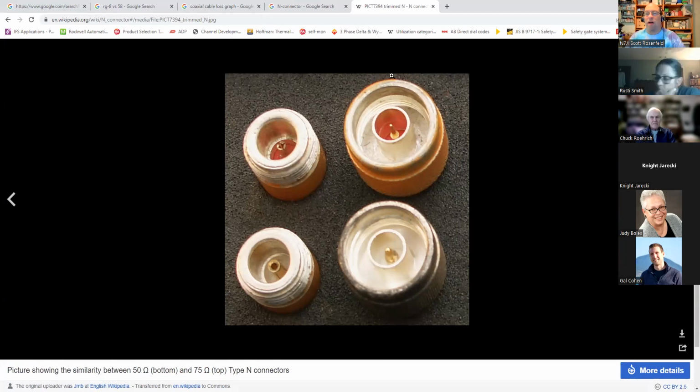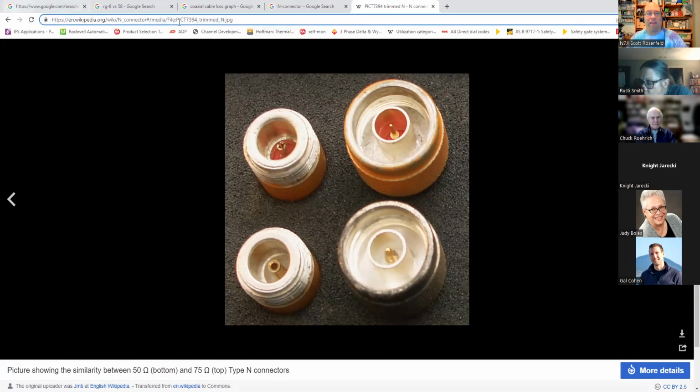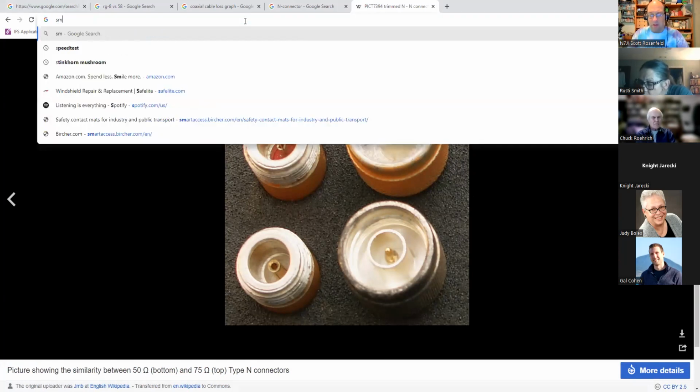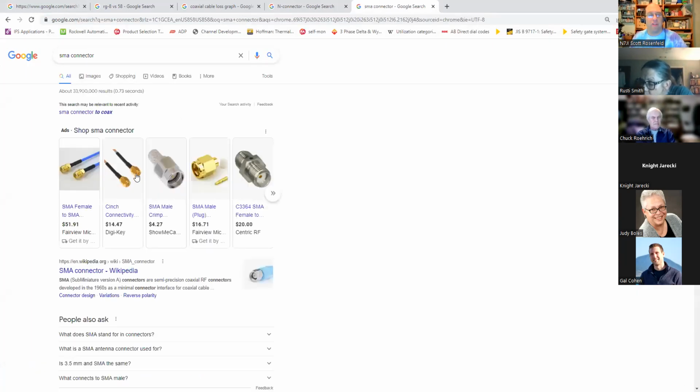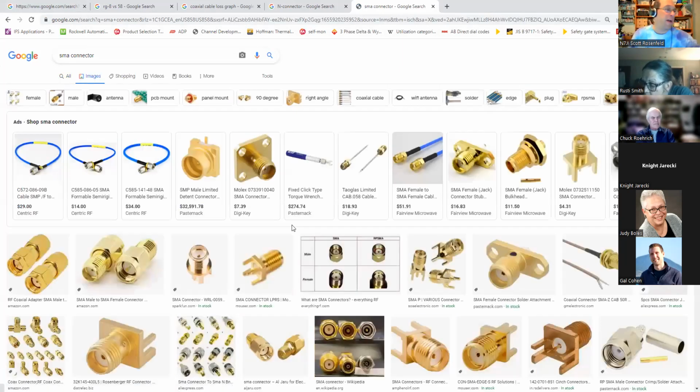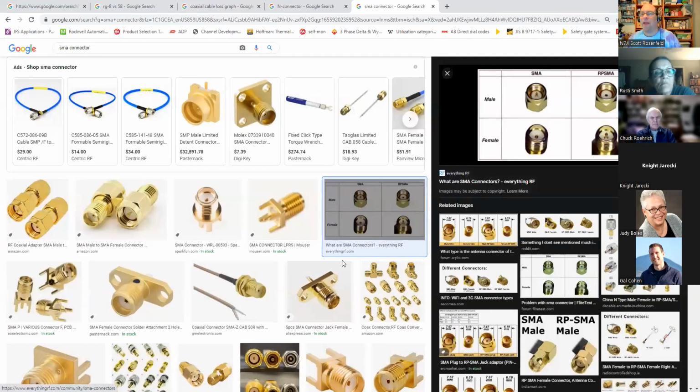There's also something called an SMA connector. An SMA connector is a little threaded connector, very, very small, which is actually used on most handheld radios these days that have a removable antenna. They look just like that. Those are SMA connectors.